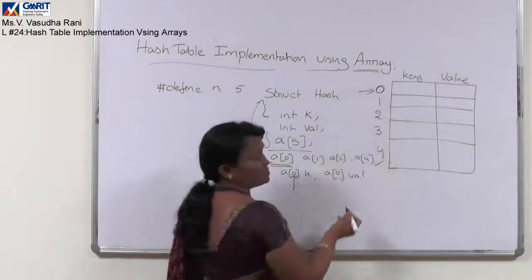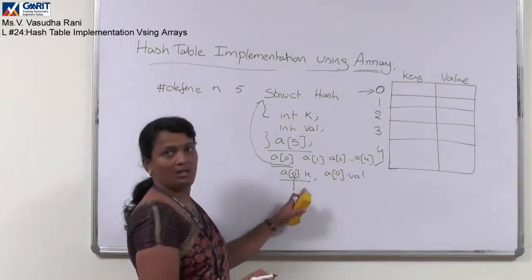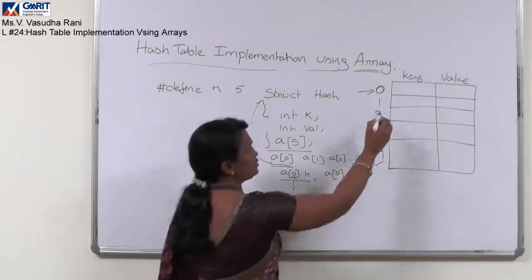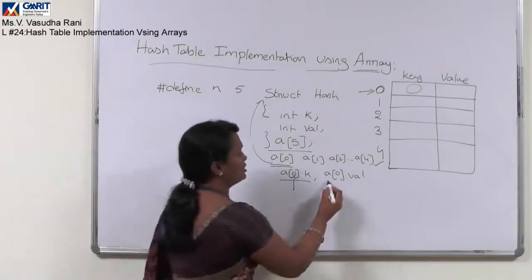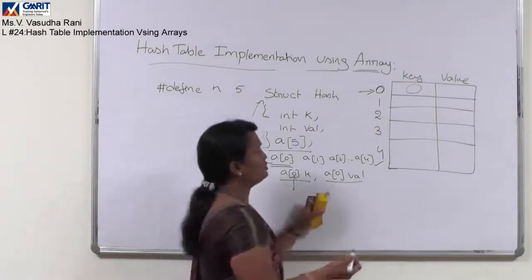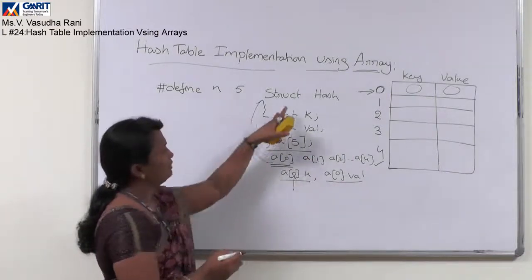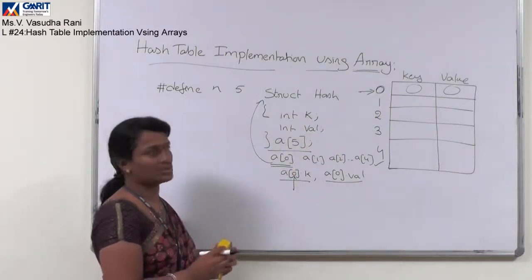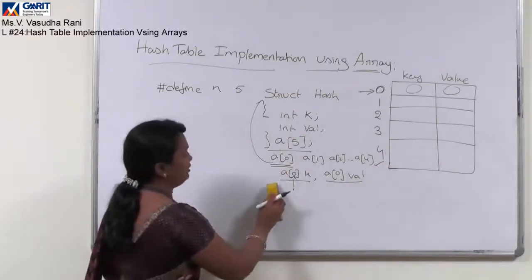The a of 0 dot k parameter can be used to access this key, and a of 0 dot val can be used to access this value. So this is how we have defined this structure for this hash table. Okay.